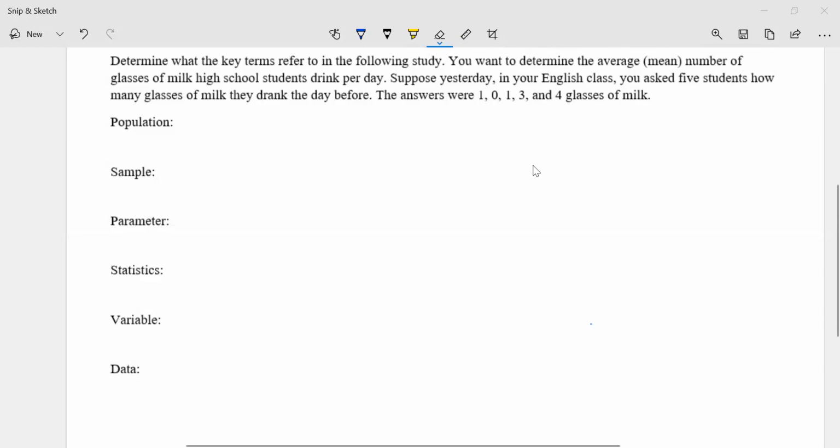So the amount of glasses of milk drunk by high school students, my examples, that's my data. How many glasses of milk do high schoolers drink? And then examples will be 1, 0, 3, 4. What type of numbers do I expect to get?